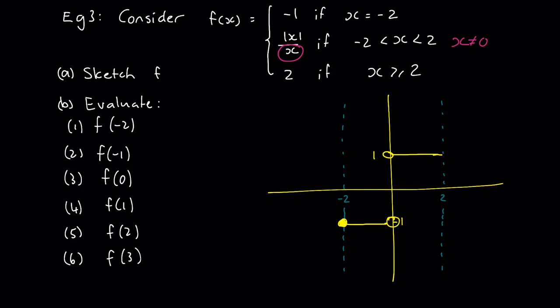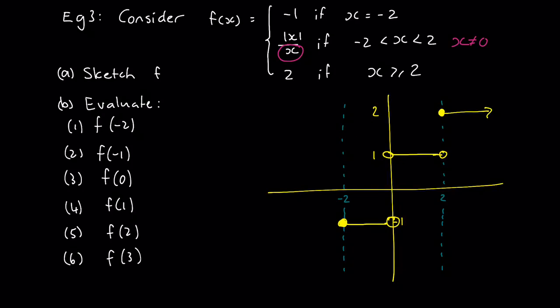Just to clarify, there should be an open dot here, but there is a closed dot here where x is equal to 2, because now we're doing the third one, where y is equal to 2 if x is greater than or equal to 2. That means we now have a solid line going from the y value of 2 to positive infinity.